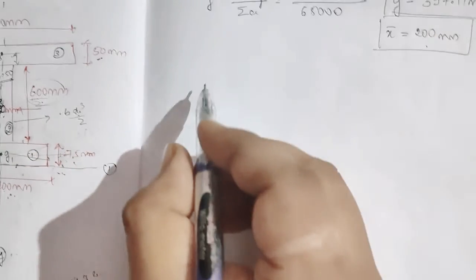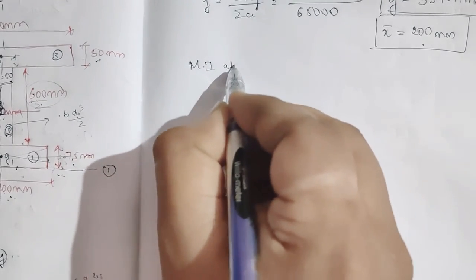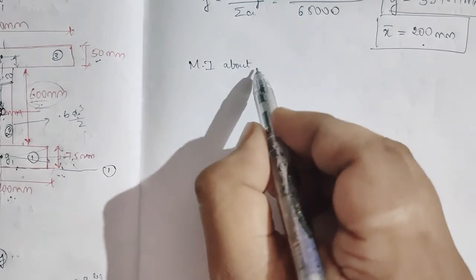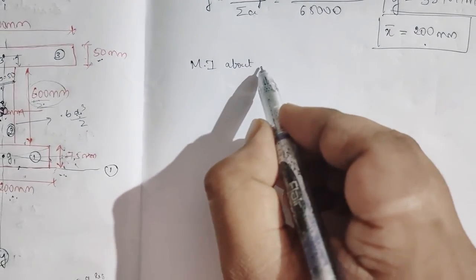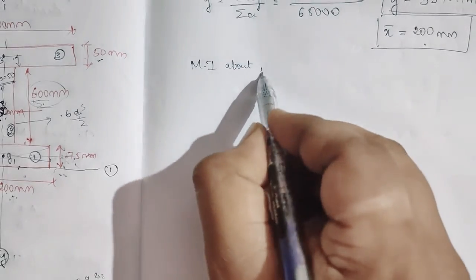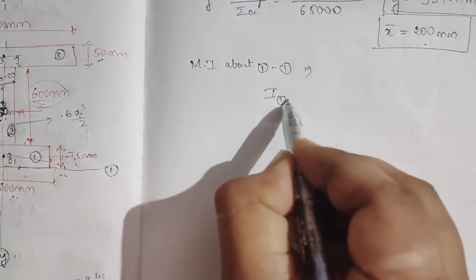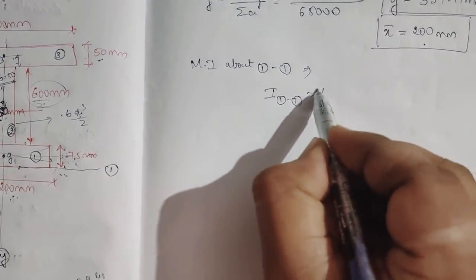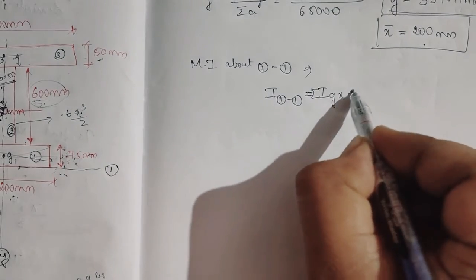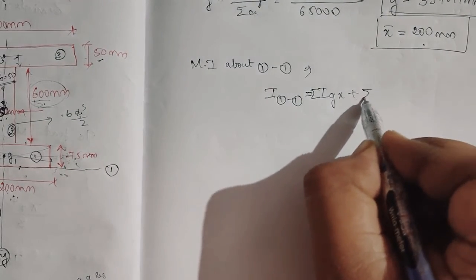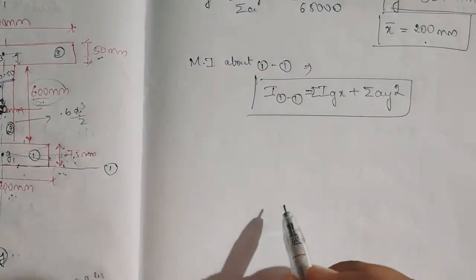So what I need to find is the moment of inertia about the base axis; the centroidal axis I got. So the moment of inertia about axis 1 is equal to summation of IGX plus summation of AY square. So remember this point.